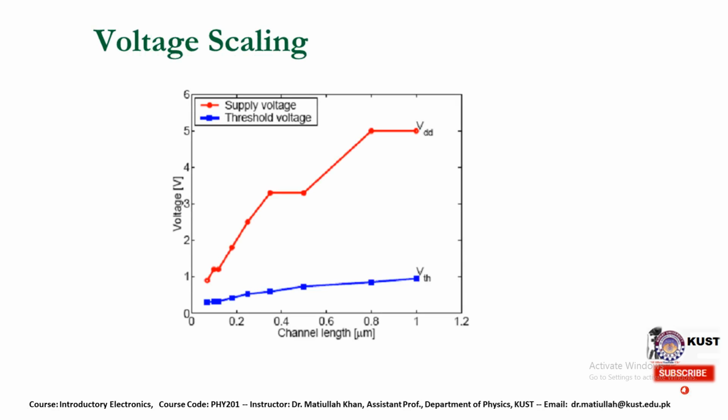Trying the voltage scaling between the channel length and the width, we can see that the behavior of threshold voltage is like this, but for the supply voltage the behavior is like this. This means increasing the channel length can lead to an increase in the voltage, or vice versa.